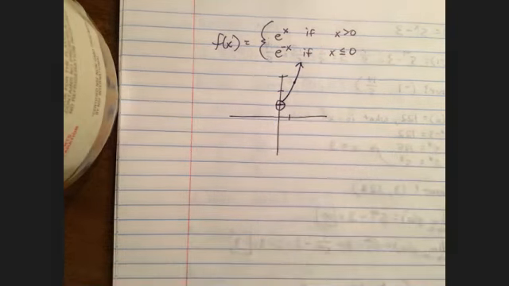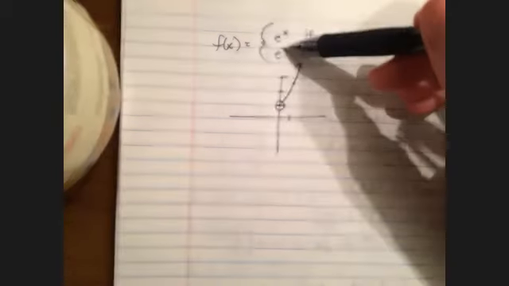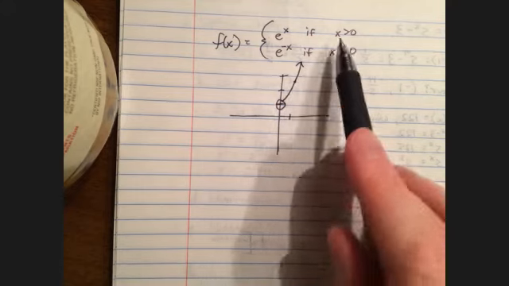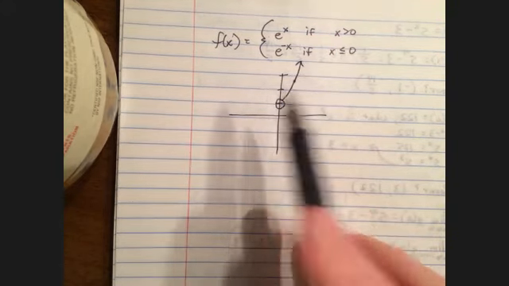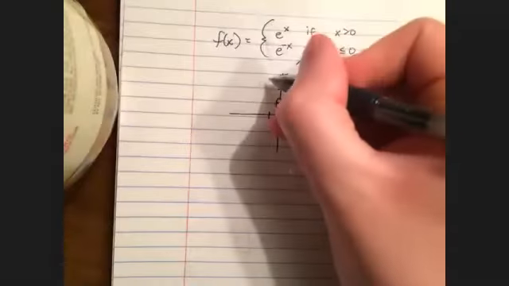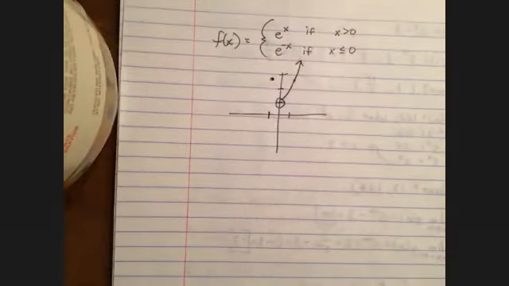Now, you could go ahead and make an e to the negative x table, like I was saying before, or remember that negative just does a horizontal reflection. So it's just going to take everything we have right here on the right, the portion we graphed, and reflect it and regraph it on the left. So you're going to have that negative 1, 2.718.